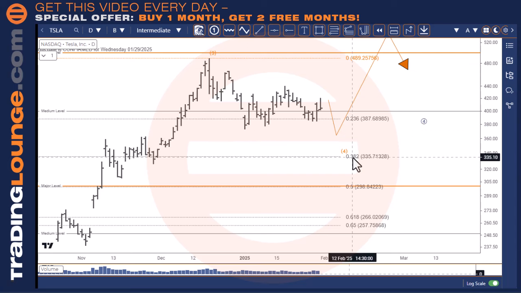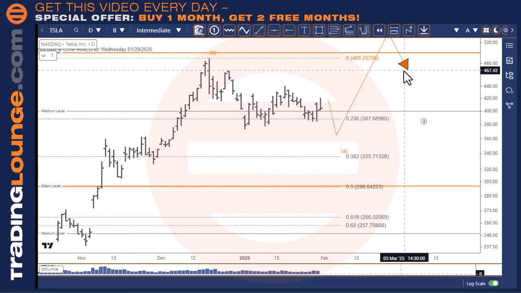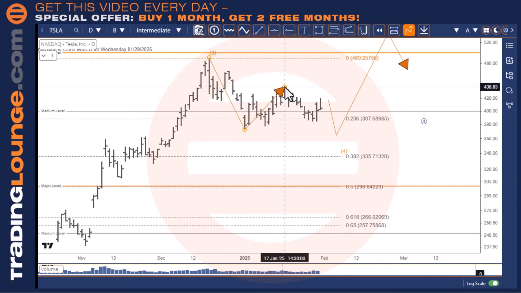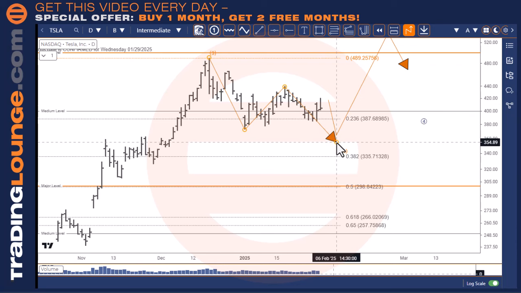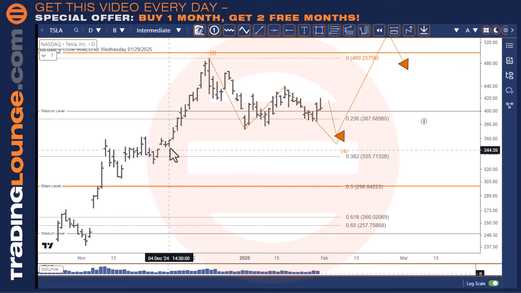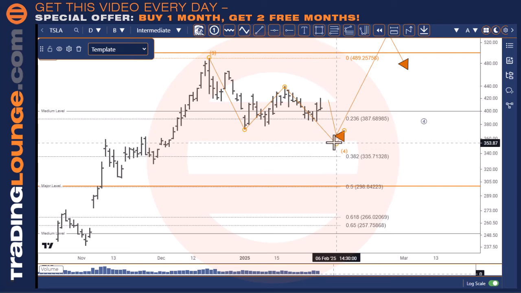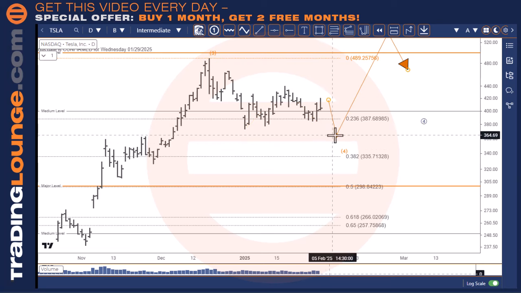It could come all this way down, because in a way this is one leg here, this is another leg, so I would expect this leg to be kind of the same, to come down into this support area somewhere. But you never know how far it's going to come down. Just shooting the breeze about it.